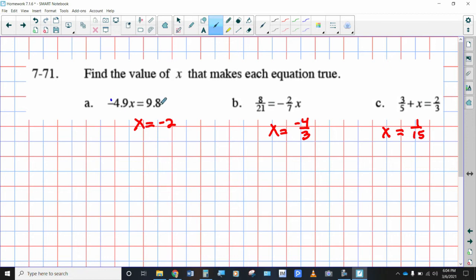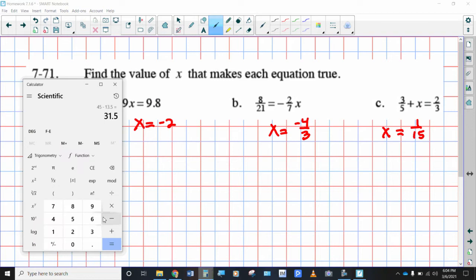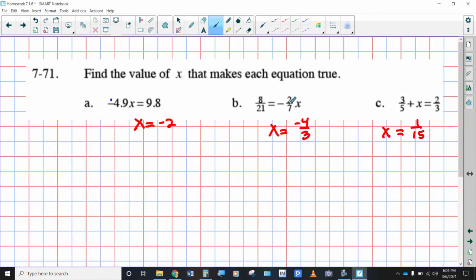A negative times a negative gives you a positive, and 2 times 4.9 is 9.8.